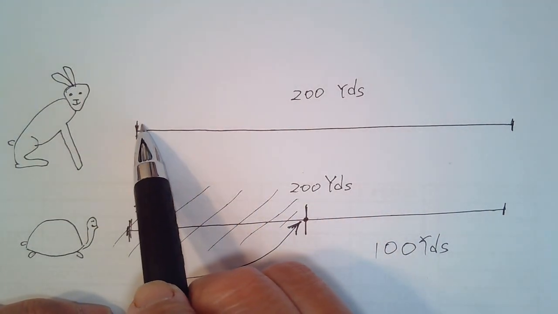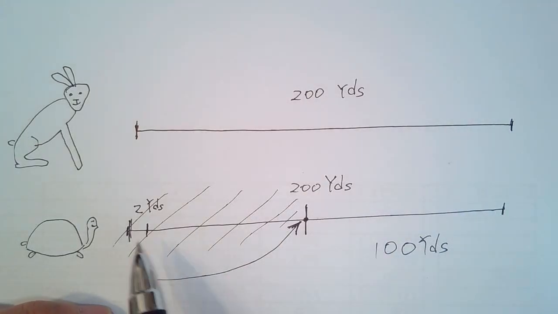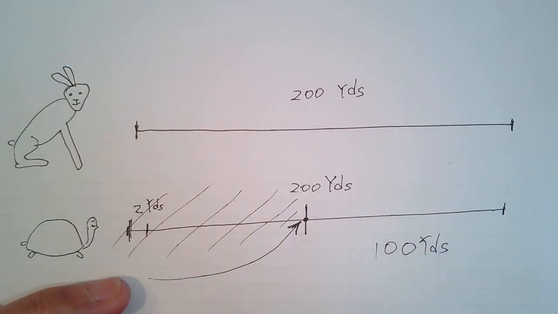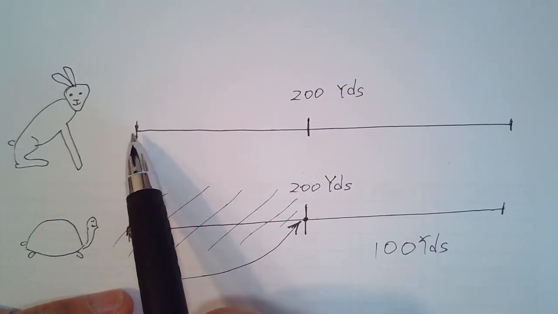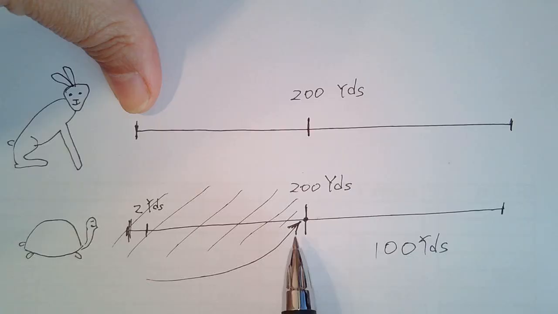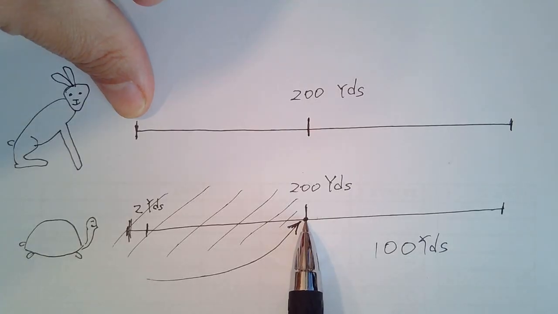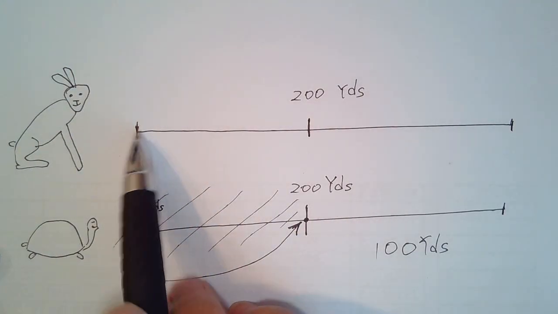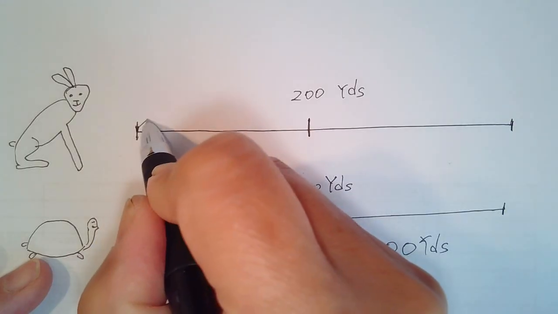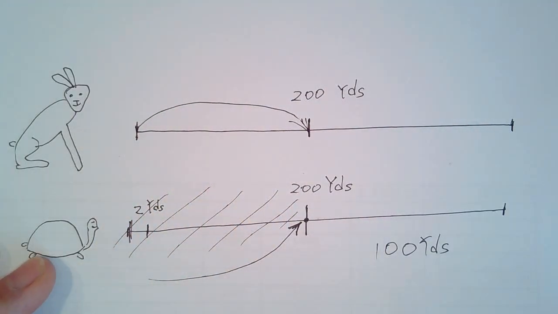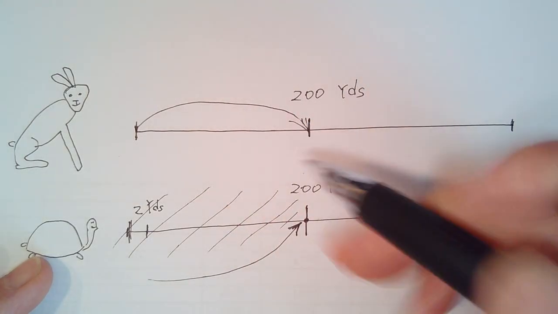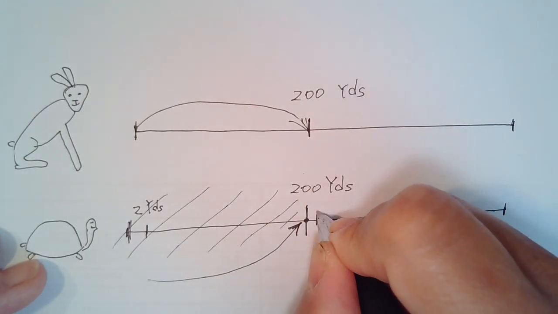So that's why when Mr. Hare runs 200 yards, Mr. Tortoise only runs 2 yards, right? Okay, now let's do it this way. When the hare starts from here, and the tortoise starts from here, and then when the hare finished the first 100 yards, where is Mr. Tortoise? 100 yards, then the tortoise is here.